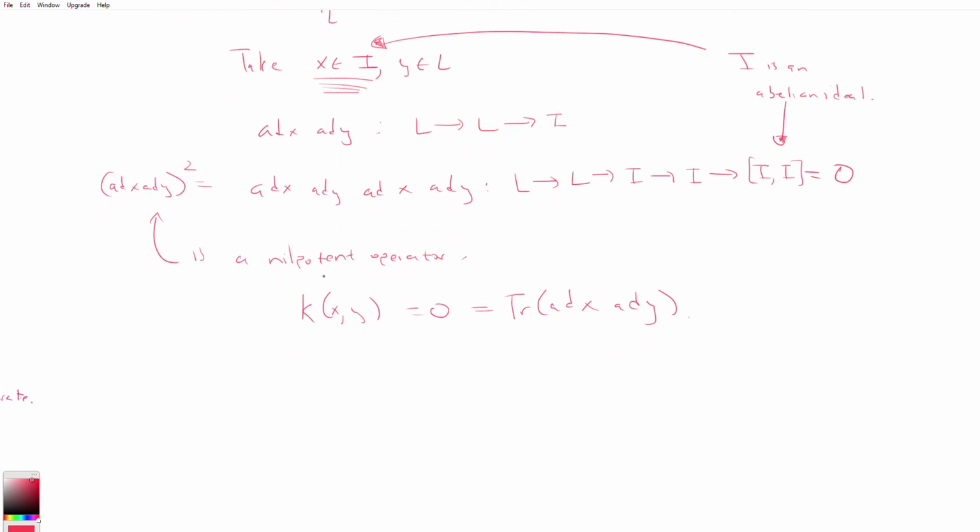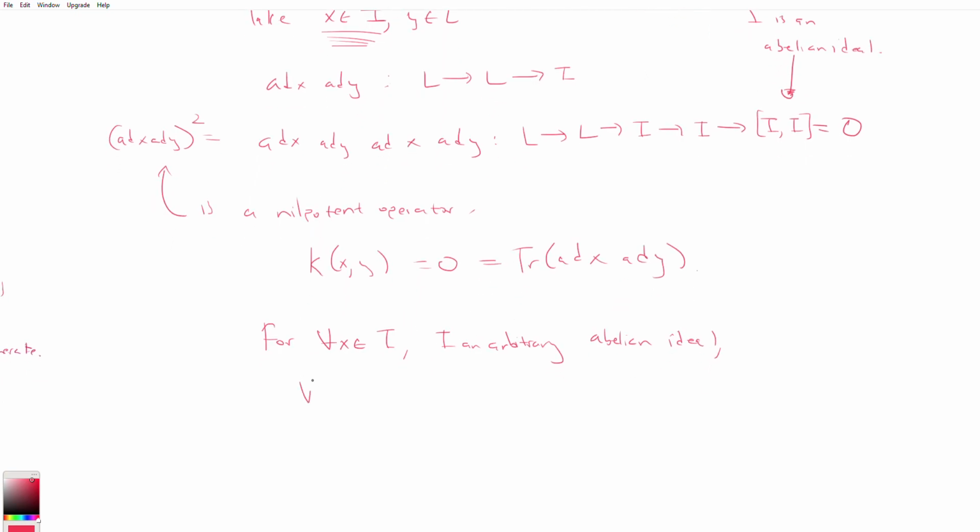so for any arbitrary element, so let's actually explicitly write this, for all x element of I an arbitrary abelian ideal, for all y in L, right?